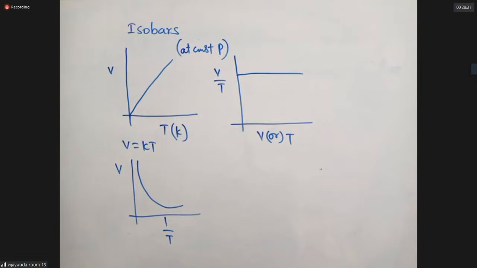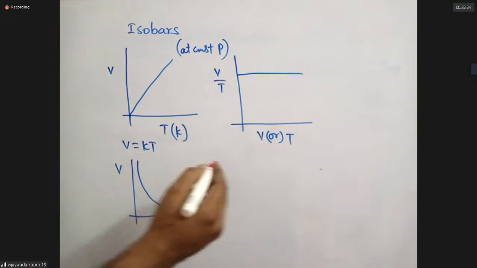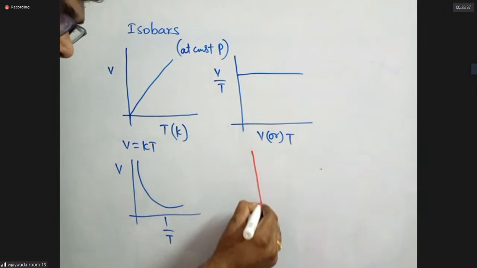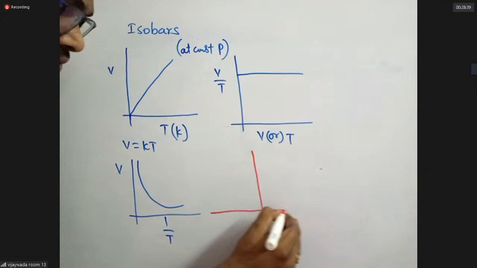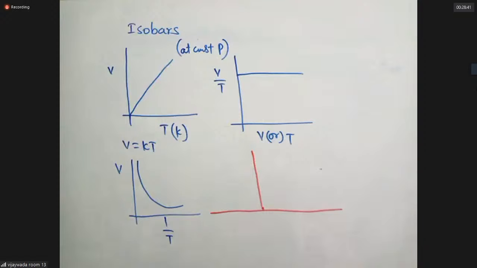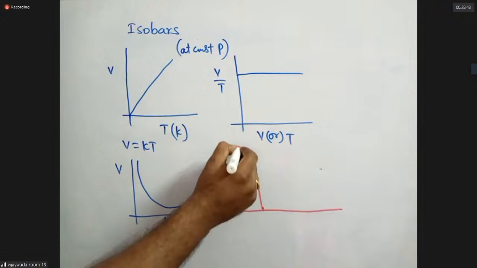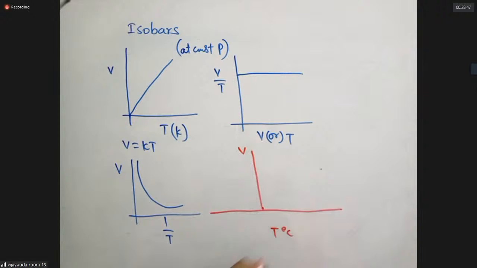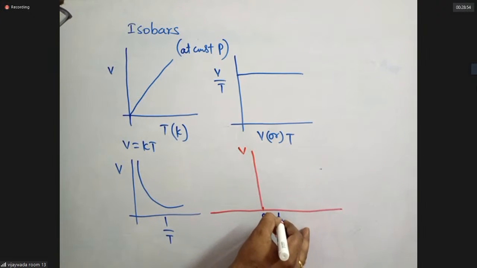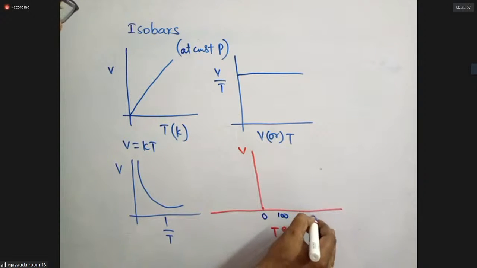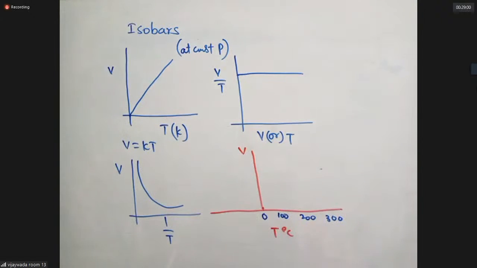And another important graph: it is volume versus temperature in degree Celsius, not in Kelvin. It is 0 degrees Celsius, 100, 200, 300, 400 degrees, and so on. Minus 100, minus 200. Here, this point is minus 273.15 degrees Celsius.